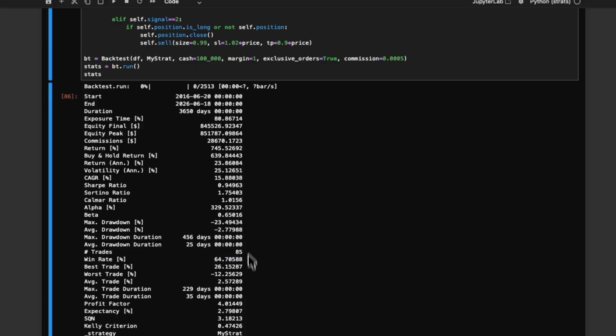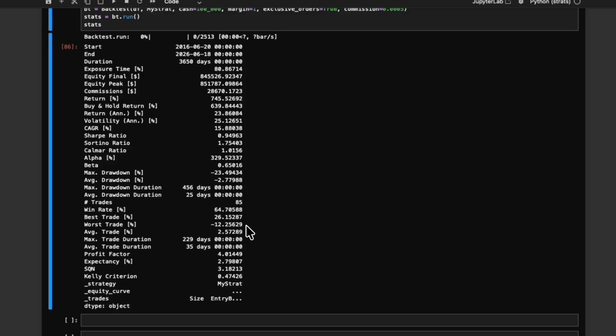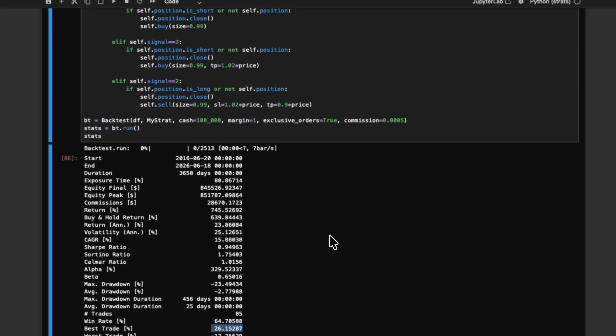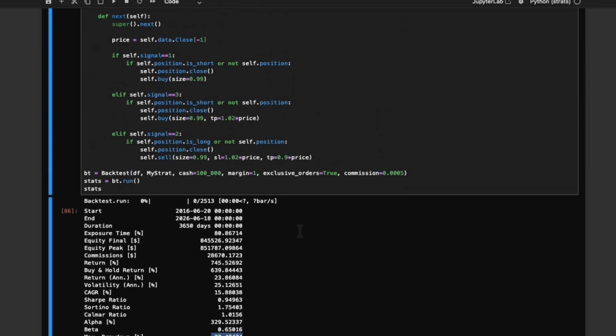Better win rate because we're winning more often with this one, I guess. Our worst trade is still not very good, but tolerable given the drawdown. And our best trade, obviously, because we're in the market a bit longer, hoping for the big swings, is 26%, which is great. So given that the drawdown is 23%, would we use leverage with this? Well, maybe not, because we don't have any sort of stops on these ones.